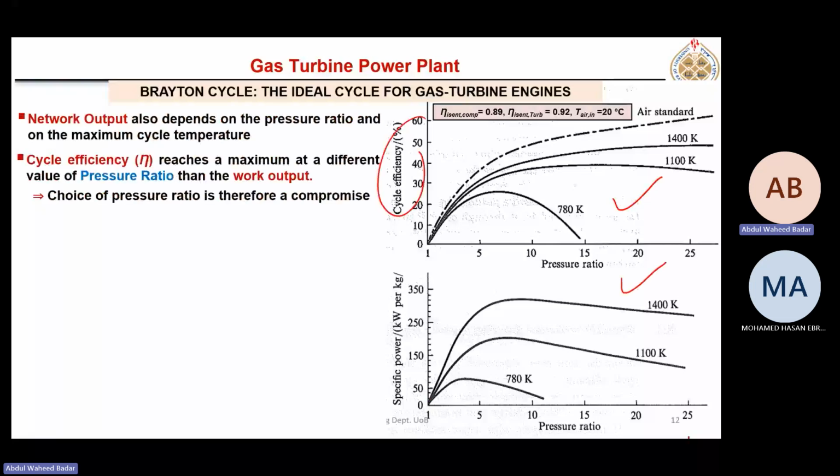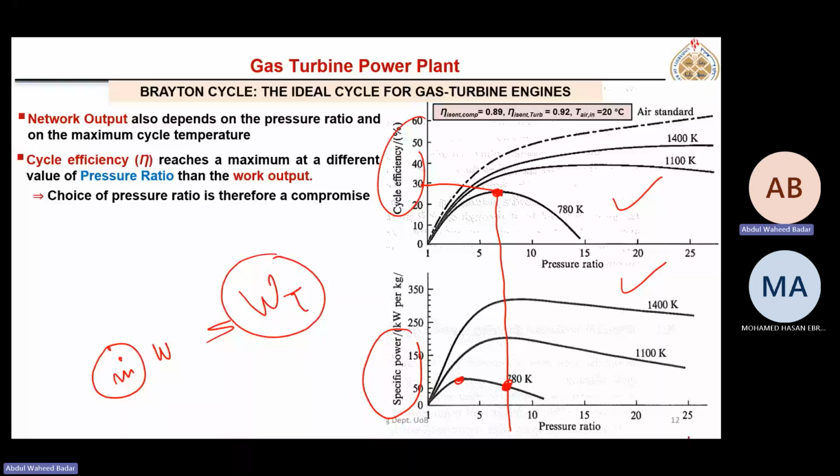If we choose higher efficiency, it means we will be getting less net work output. If I choose this pressure, then less net work output, although higher efficiency. Less net work output means less specific work, and specific means per unit mass. So I have to multiply with a larger mass flow to get my required work.